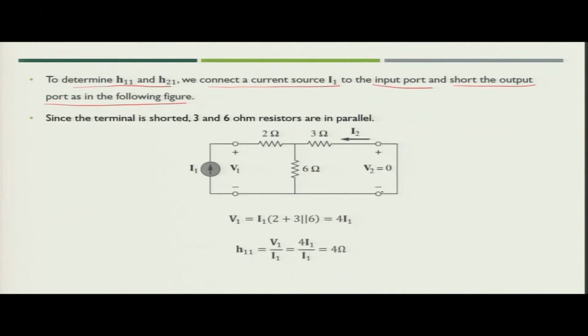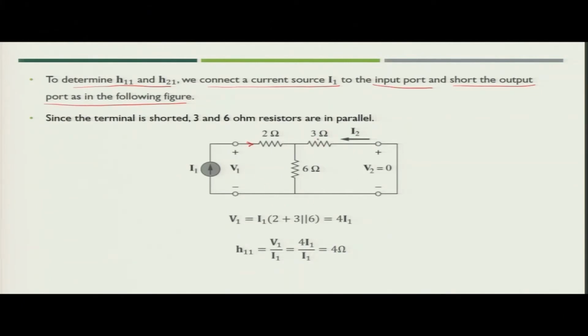When you short circuit the output port, the 3 ohm and 6 ohm resistances will now be in parallel. So V1 is nothing but I1, the current flowing into the circuit, multiplied by the total resistance of the circuit.